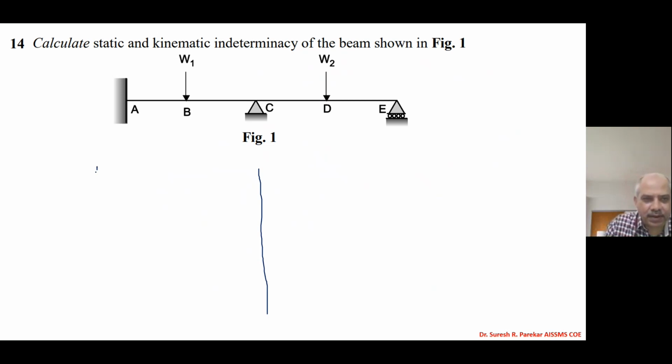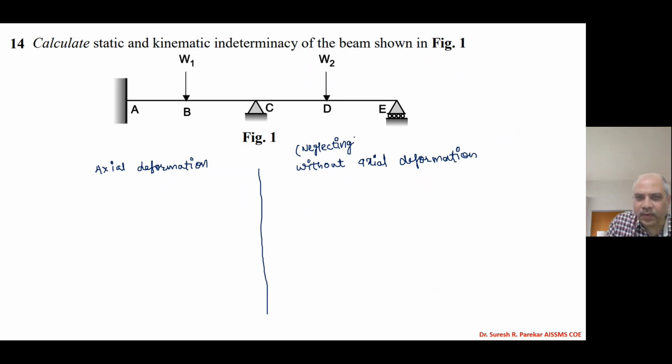Here we will see axial deformation considered, and in the second part we will consider without axial deformation, or we can say neglecting axial deformation. So now we will go with this.